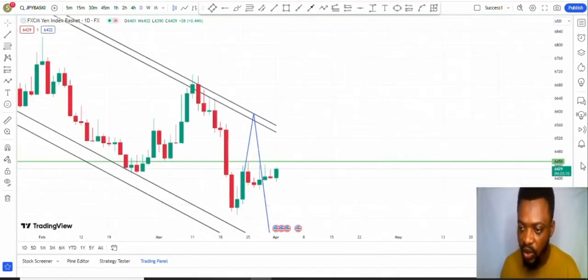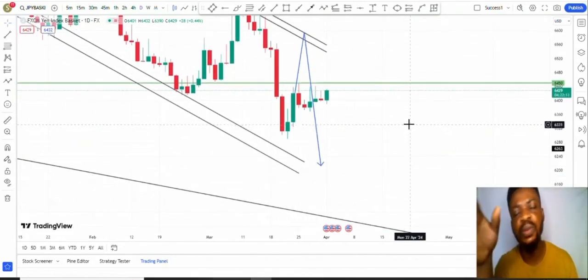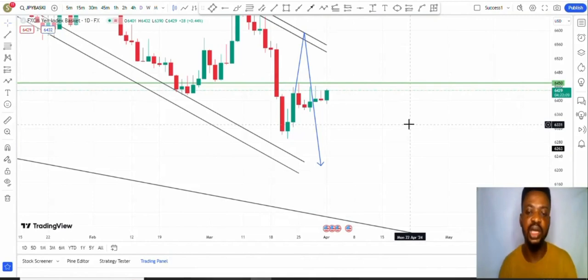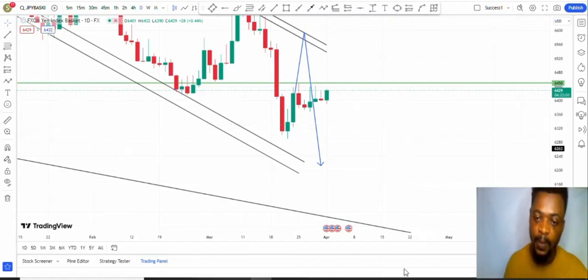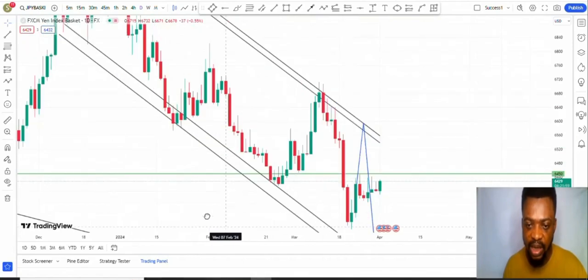The setup is looking like the destination, but the truth is the JPY basket and the XY always want to flow in opposite directions. This is not the first time I'm saying this, right?